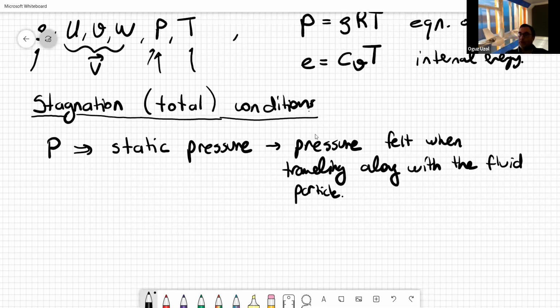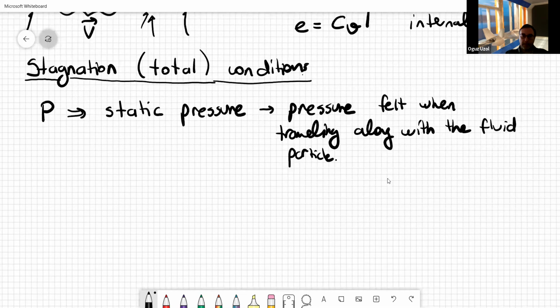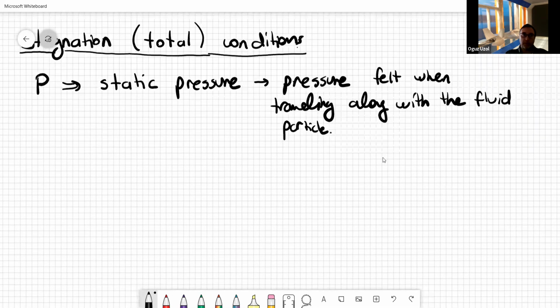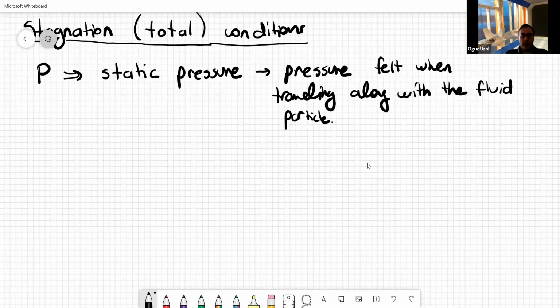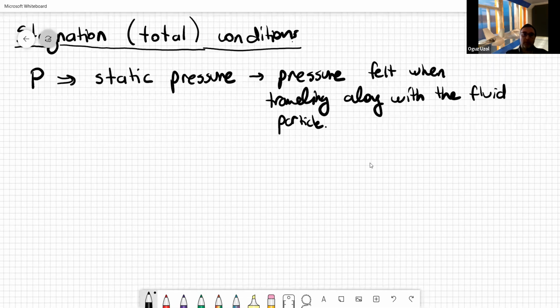For example, in a wind tunnel, if there is some certain airspeed inside the wind tunnel, this is the actual pressure that the side walls of the wind tunnel feel. Now, in addition to the static pressure, in order to handle compressible flow problems, we also need to define another quantity, which we call stagnation pressure.